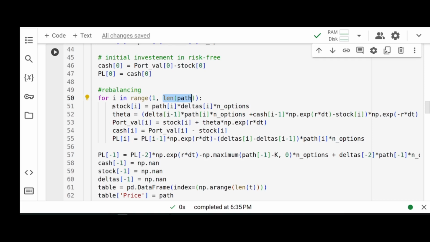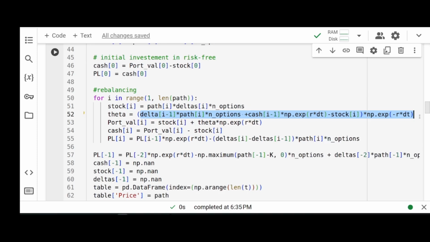So this is stock i, meaning the value invested in the stock, that means S times delta times number of shares, and the remaining here, theta, is the amount invested in the risk-free asset. Here that is equal to, just apply the formula we did there directly.